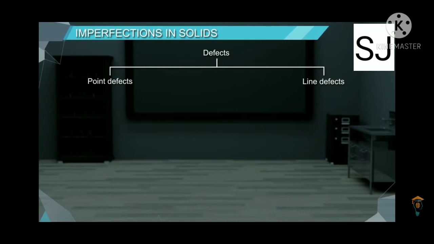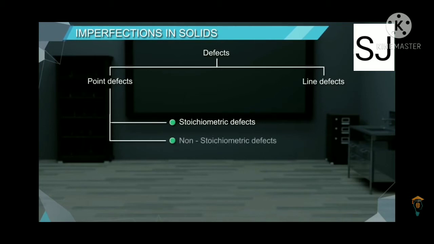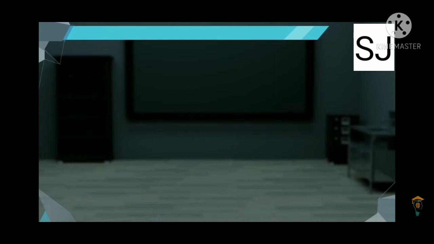So if we see here, point defects are further categorized into stoichiometric defects, non-stoichiometric defects and impurity defects, which we are going to discuss now.